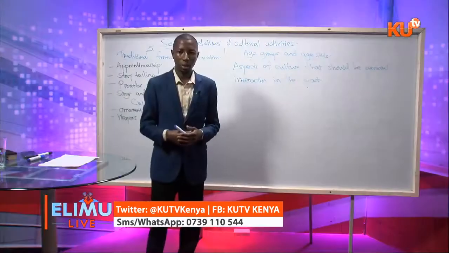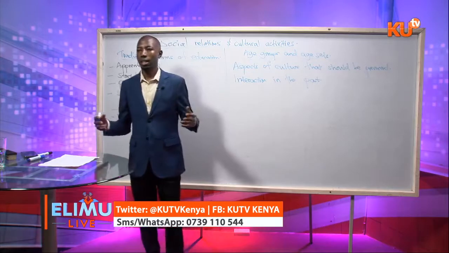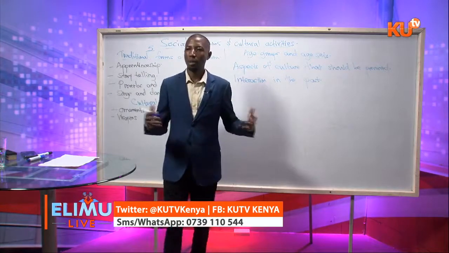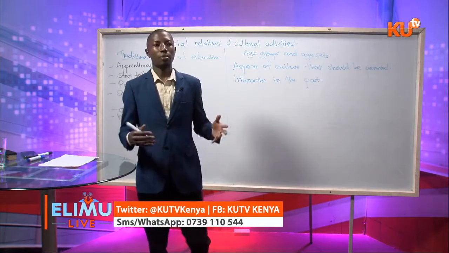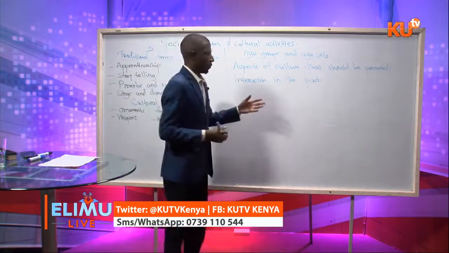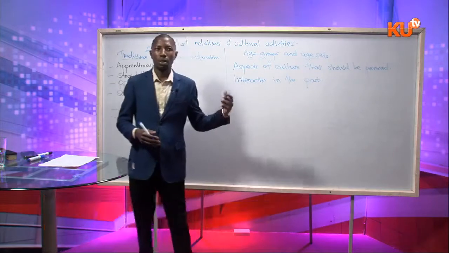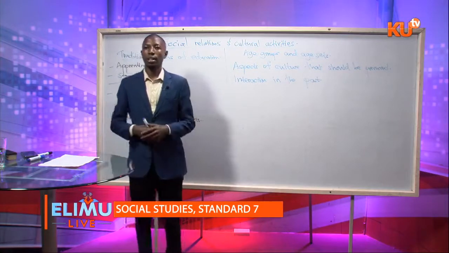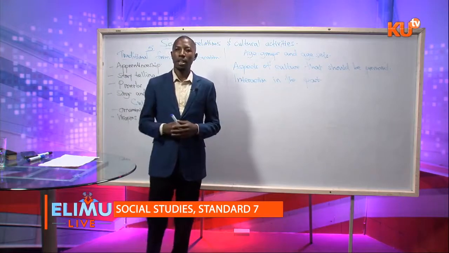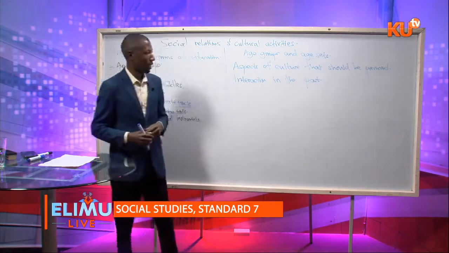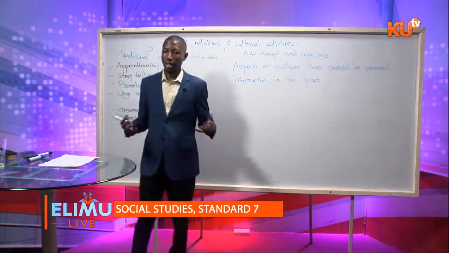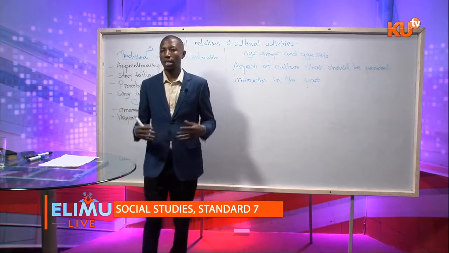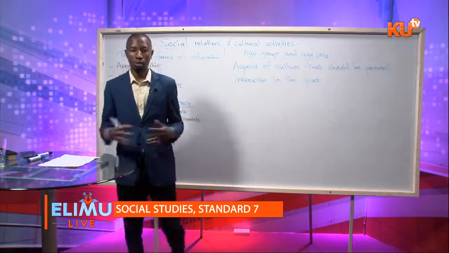Various ways: through birth and naming ceremonies, in times of celebrating a good harvest, and through songs and dances. After a long day's work, they could gather and sing and dance. People could gather in a community and interact. So to interact is to meet, and maybe do some activities together.